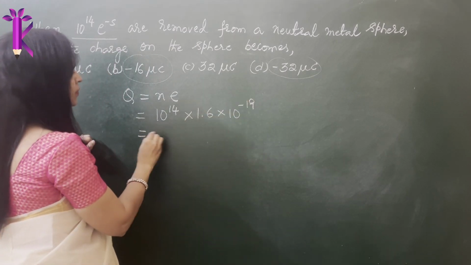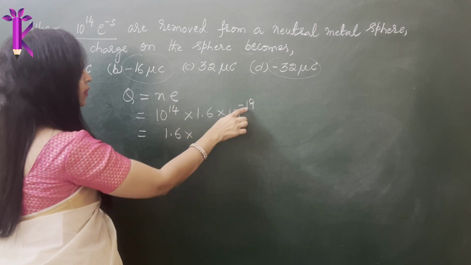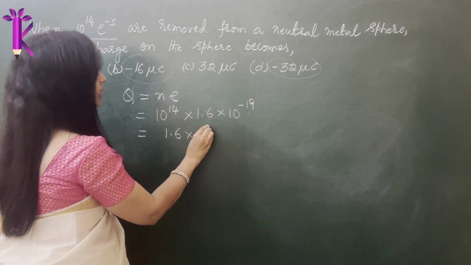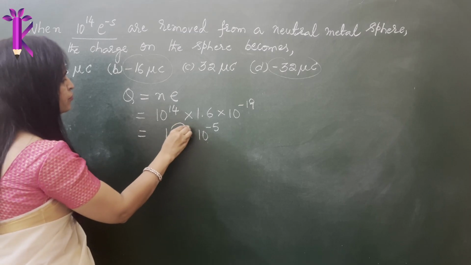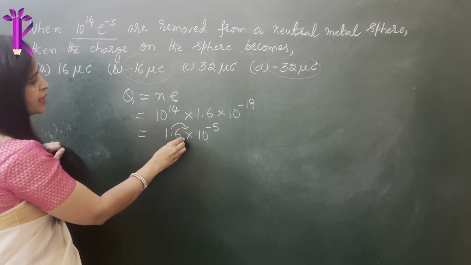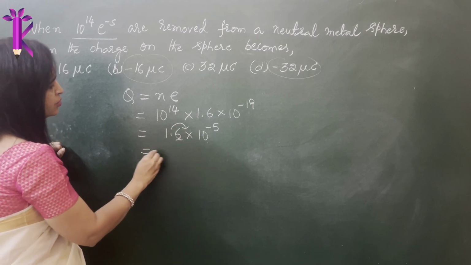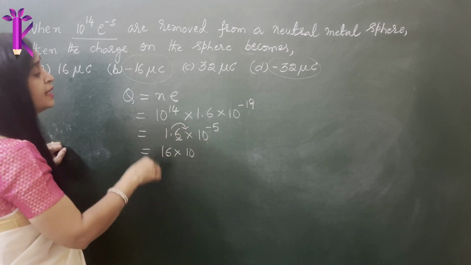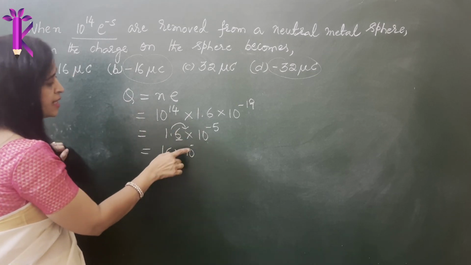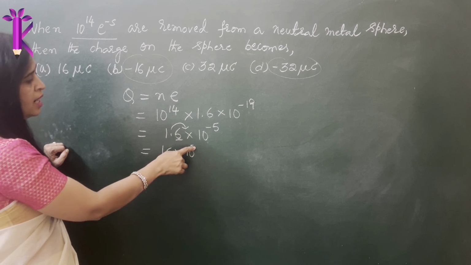So now 1.6 into 10 power minus 19 plus 14 is 10 power minus 5, but you have to keep it in terms of 16. So you have to shift it one decimal to the right. This becomes 16 into, what will happen to the power of 10 if you shift to the right? The power of 10 decreases. When I say decreases, you have to show a minus sign here.